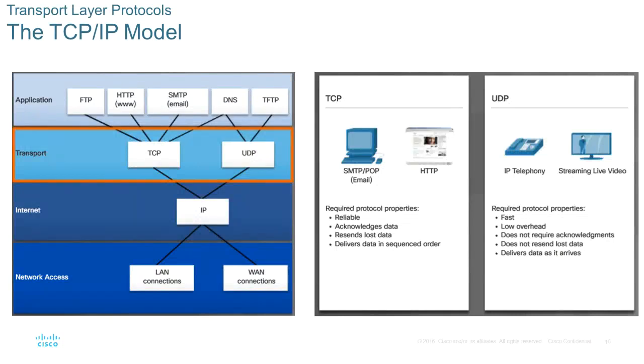So the application layer represents all the software that uses services on the network. The transport layer sets up a session or a communication. TCP and UDP are the ones that control the flow of the conversation.